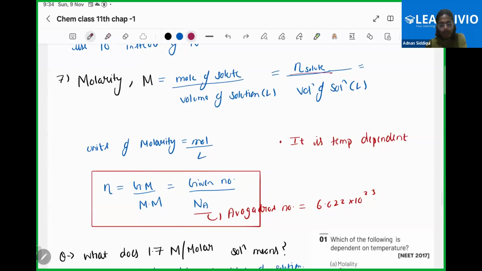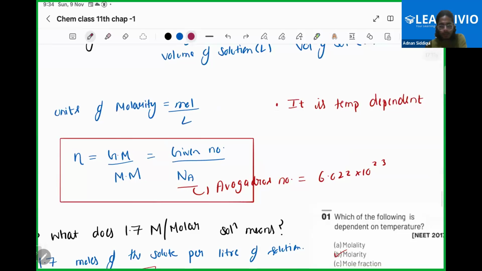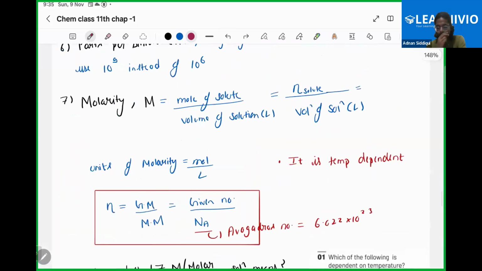You can write it like n solute, and volume of solution in liter. What other ways do we have to expand the number of moles? We can write it as given mass upon molar mass, and given number upon Avogadro number. This is to find the number of moles.